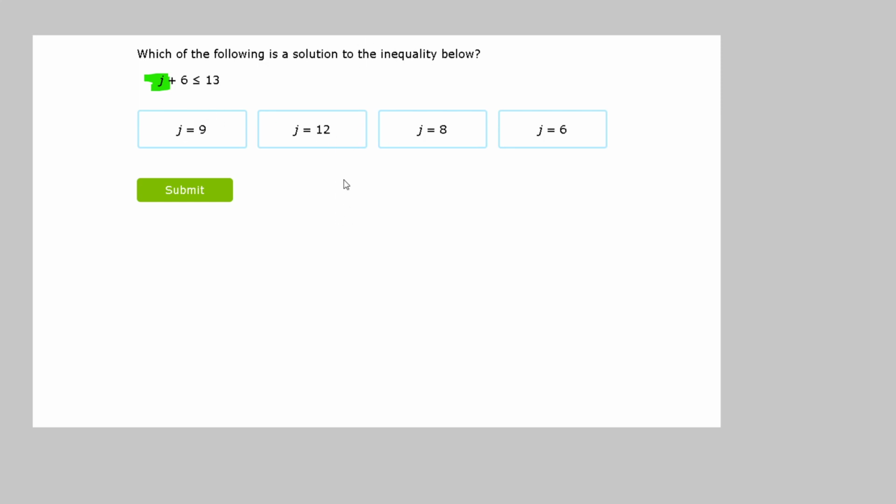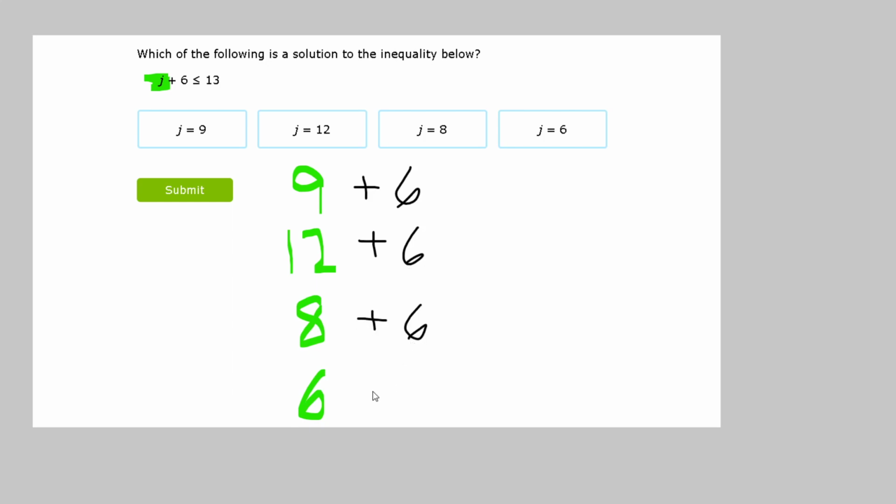So we're going to try out 9, 12, 8, and 6, and we're going to see if plus 6 is greater than or less than or equal to 13.